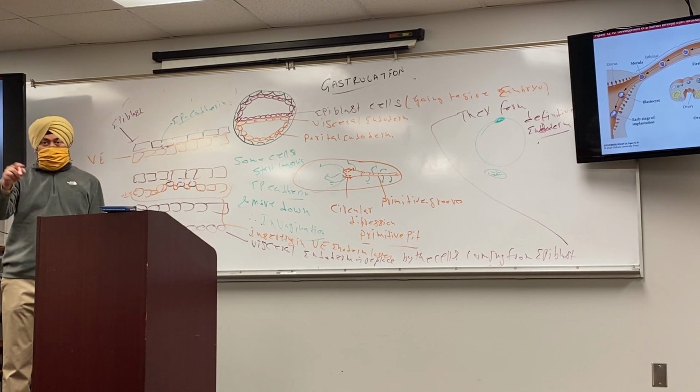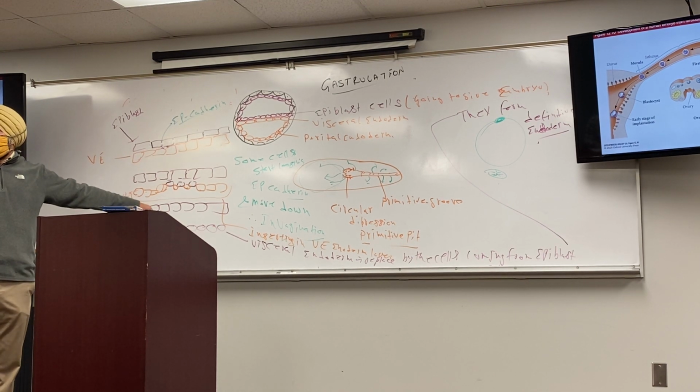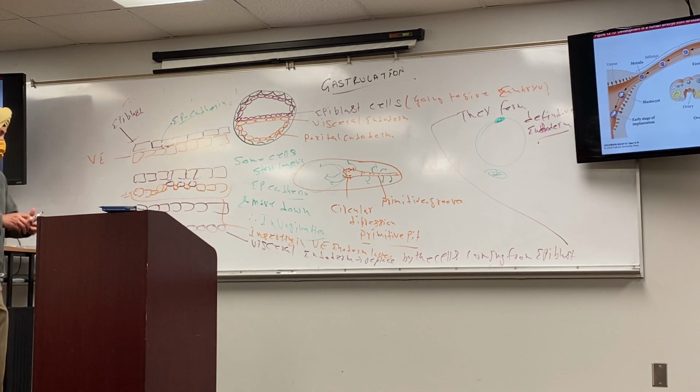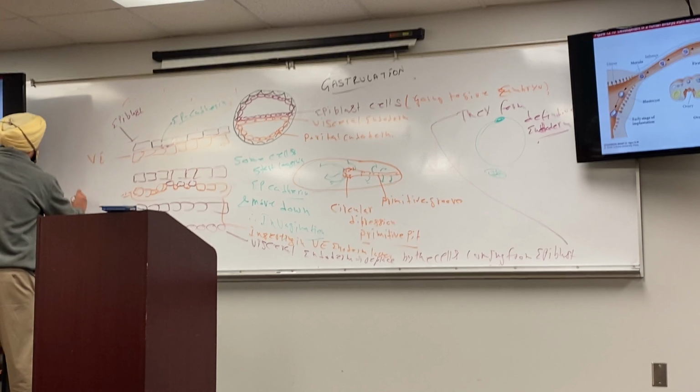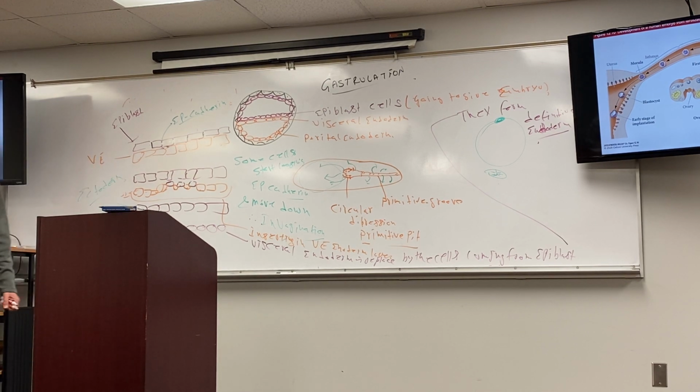Now at this stage, when these cells have become definitive endoderm, the cells above are no more called epiblast cells. Now you call these cells ectoderm. Making sense?